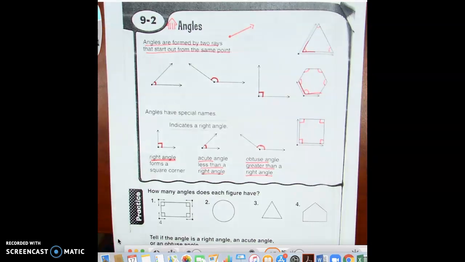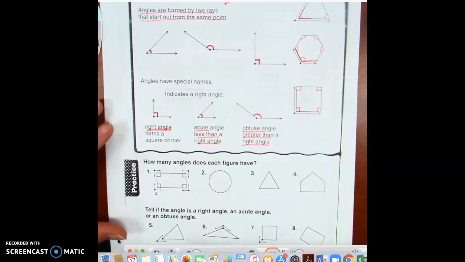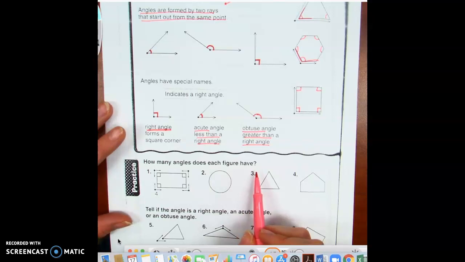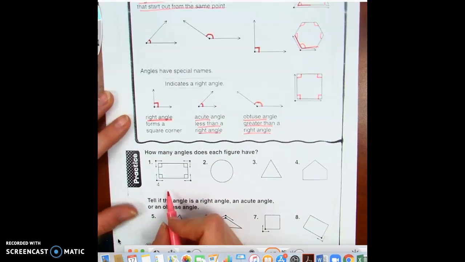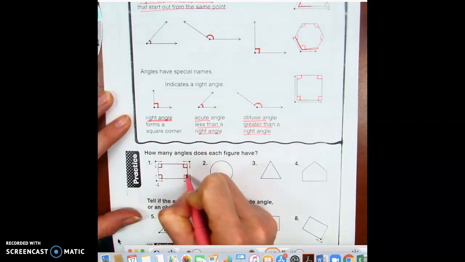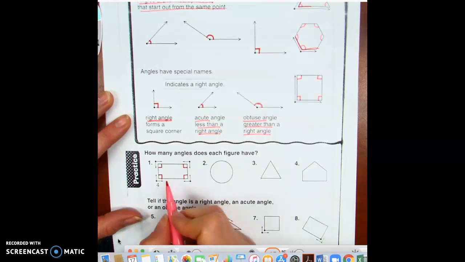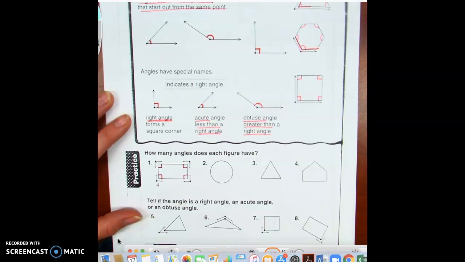So what I want you to do here is scroll up. We're going to be counting how many angles each figure has. So they give you an example. They want you to take the shapes and mark all of the angles that it has. And so on this one it has 1, 2, 3, 4. That one's done for you already.